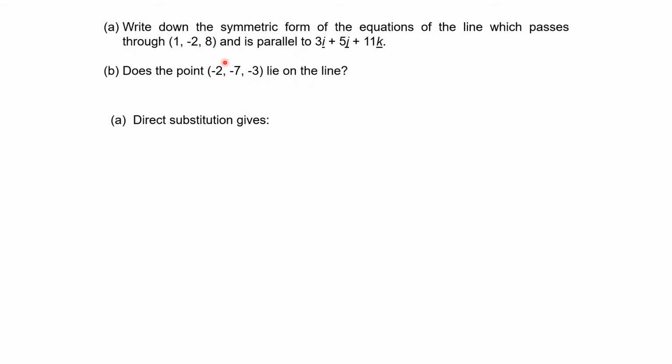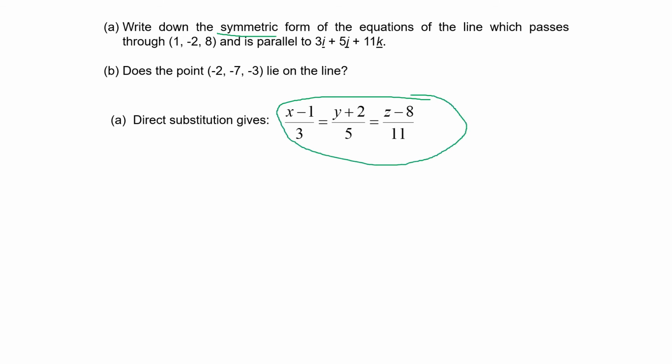So the direction vector here is 3i plus 5j plus 11k, and you're required to write down the symmetric form. So recap from the previous slide, what exactly is a symmetric form? A symmetric form is a form that looks like that.